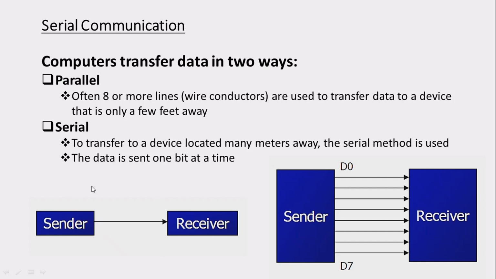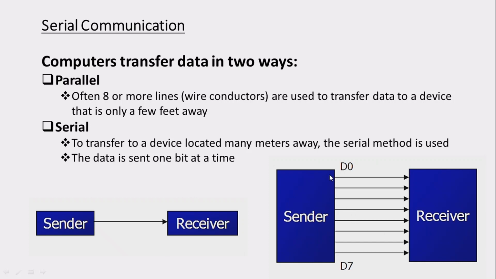So this particular type of communication is used if the sender and the receiver are located at a farther distance. If you have such scenarios, then we can go for serial communication. Why is serial communication meant for the longer distance? Why can we not go for the parallel communication?